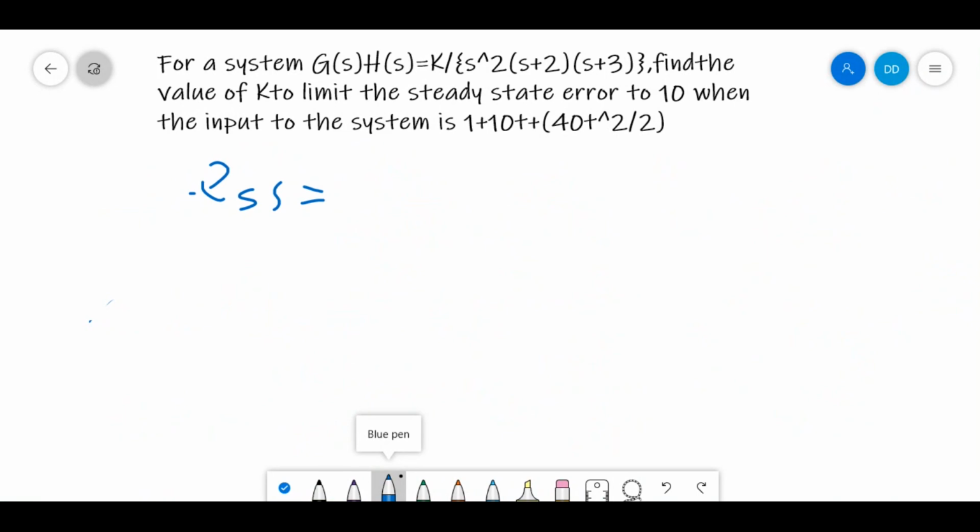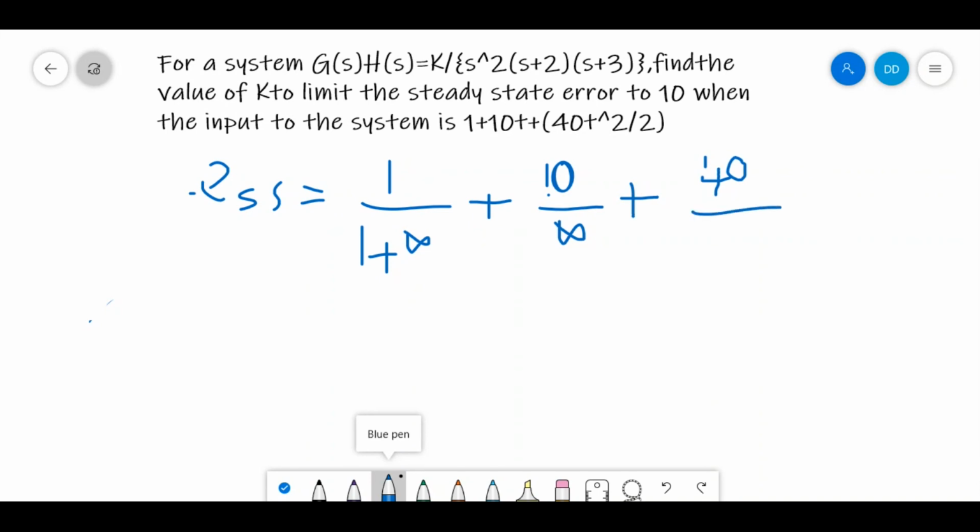So ESS is equal to A1, the step input having magnitude 1, divided by 1 plus infinity, which is Kp, plus A2, the ramp input having a magnitude 10, divided by Kv, which is again infinity, plus A3, the parabolic input having magnitude 40, divided by Ka.